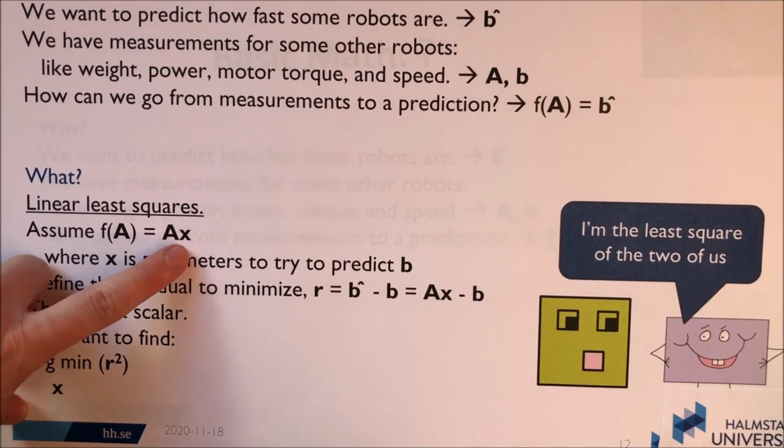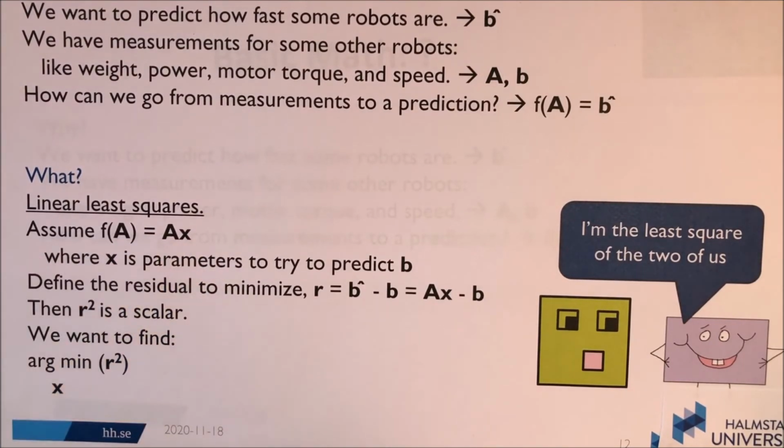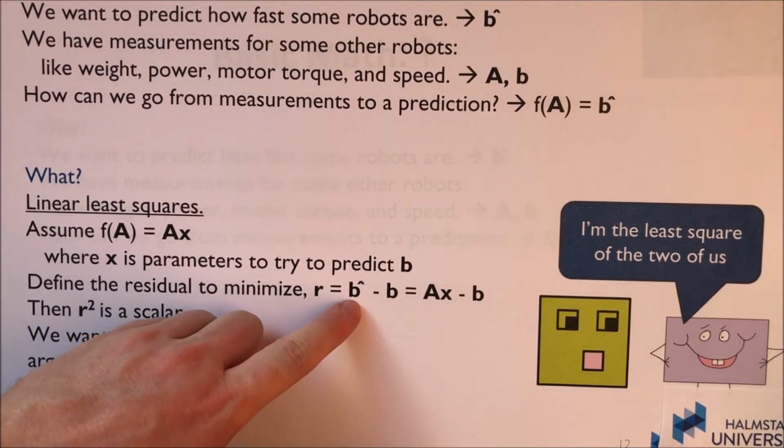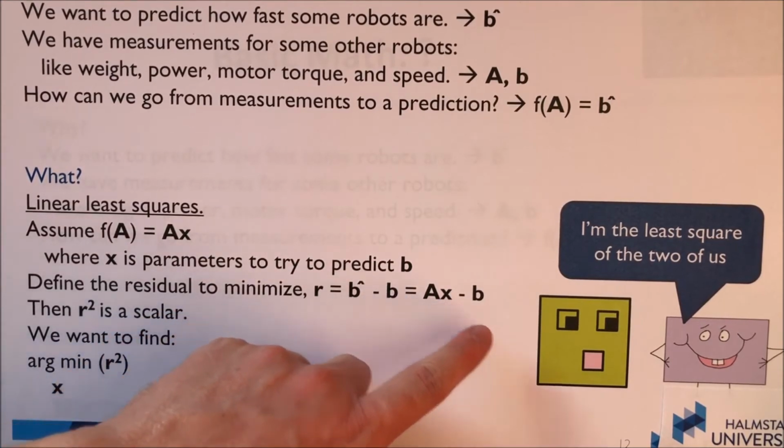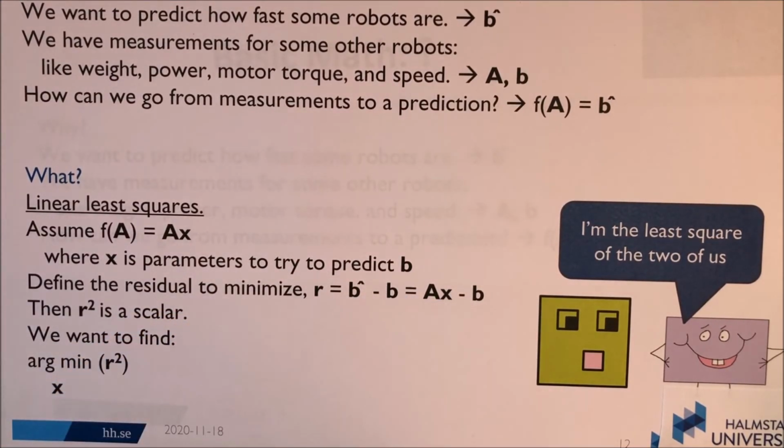So we can say it's A multiplied by X, where X is some type of parameters to try to predict B. Then we can define the residual to minimize, R, as B hat minus B equals AX minus B. Then R squared will be a scalar, so it's the transpose of R times R, which is great. And then we want to find basically the X that will minimize R squared, the squared residual.